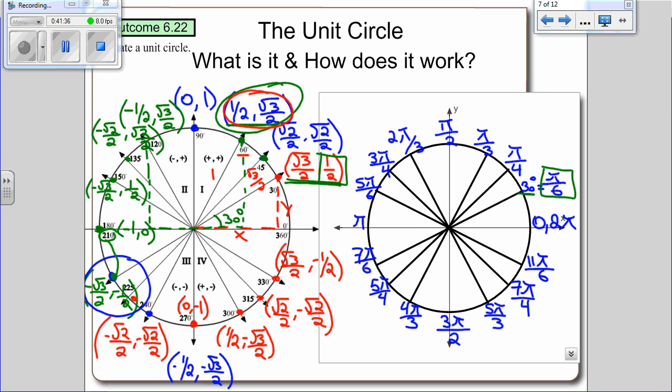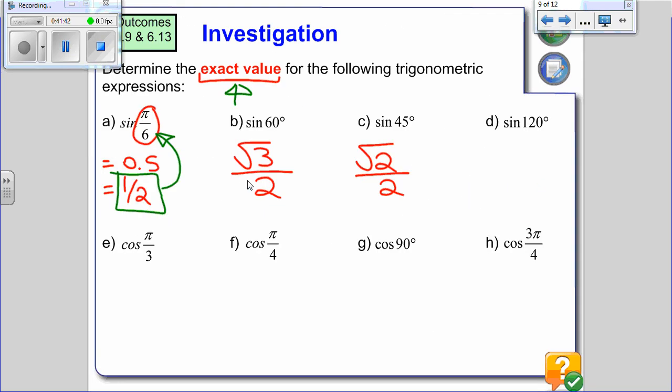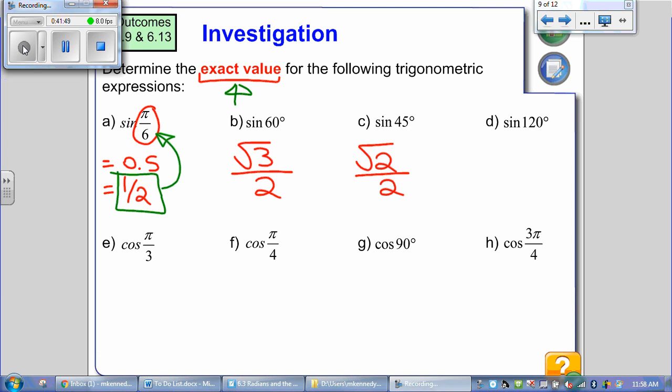You should be looking at your unit circle, at where 120 degrees is, and looking for your y value, because sine gives y value. That means root 3 over 2 would be my final answer.